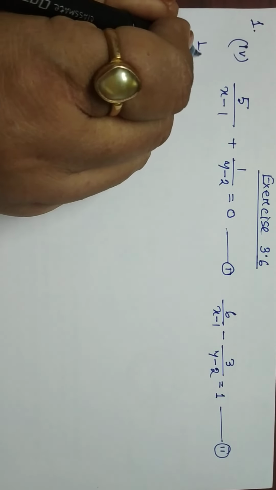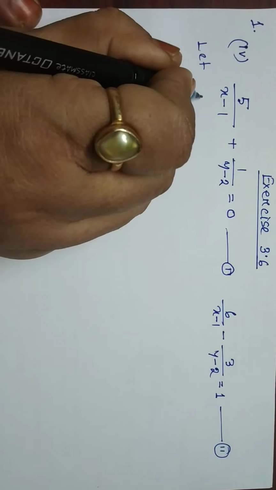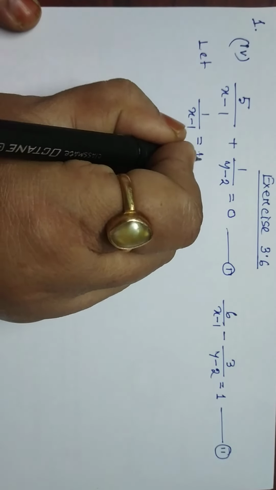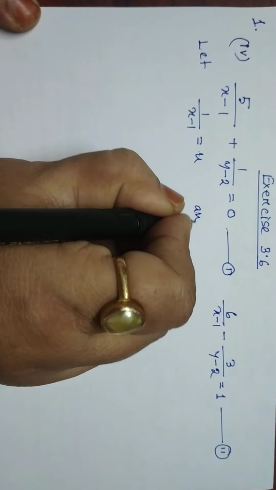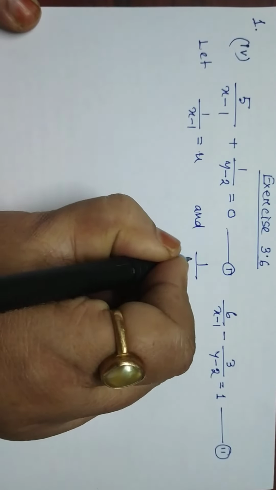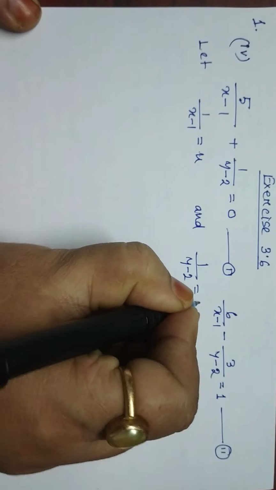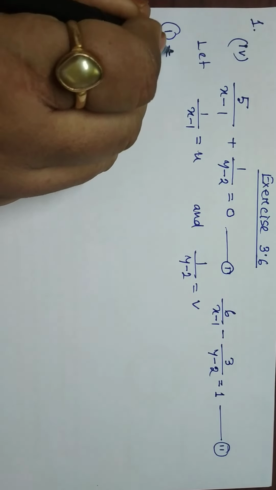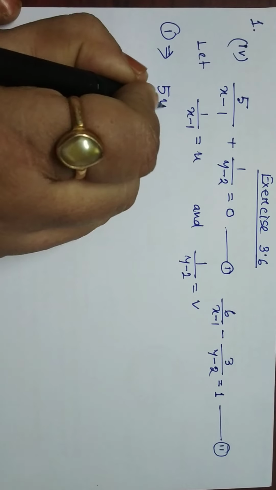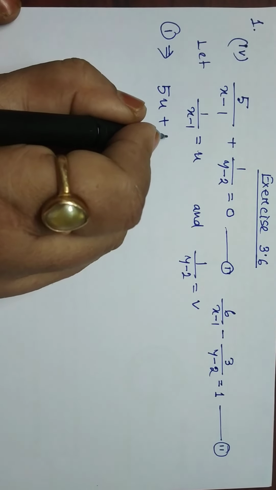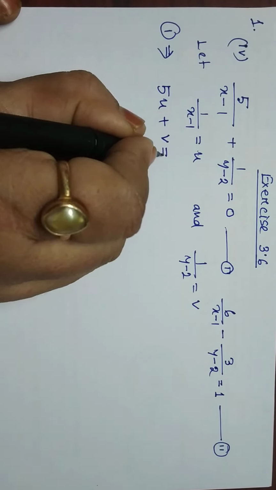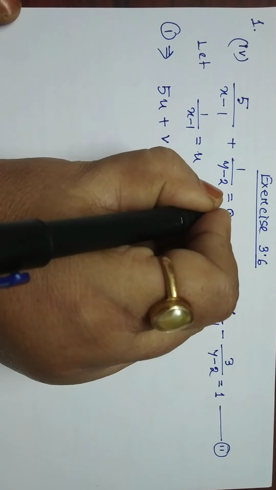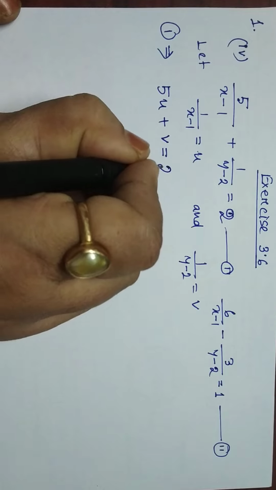Let 1 by x minus 1 be equal to u and 1 by y minus 2 be equal to v. Then equation number 1 will be 5u plus v equal to 2.